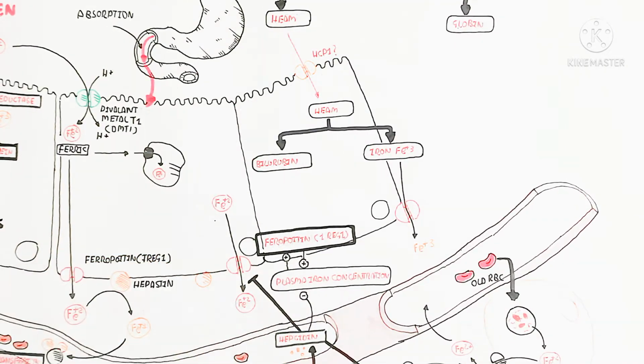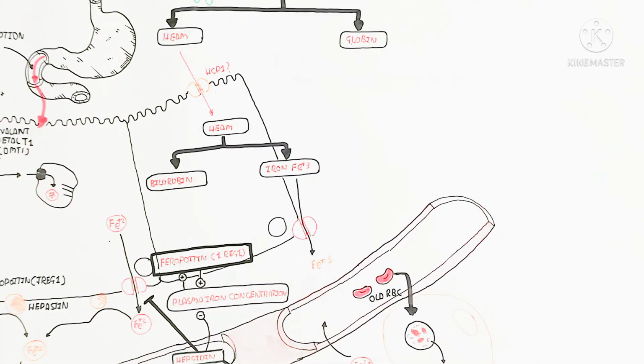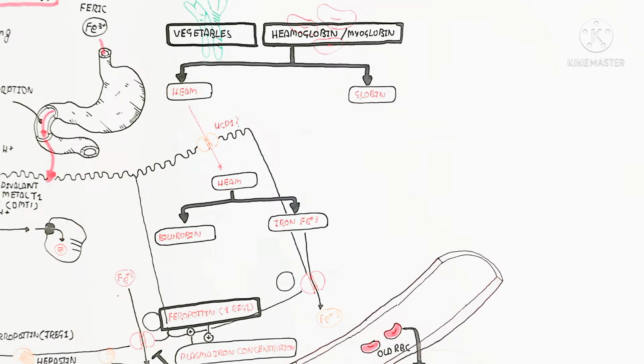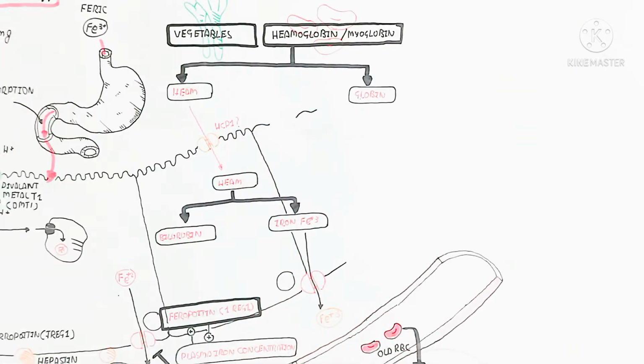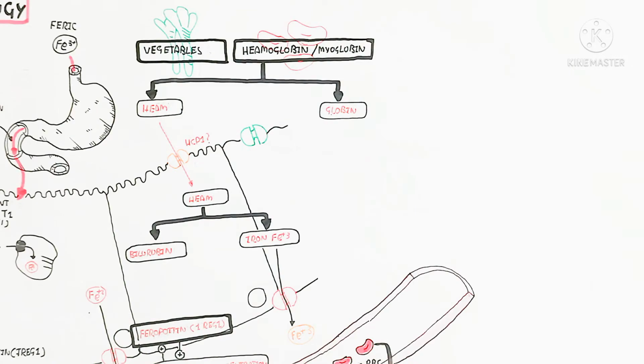So that moves inside, and the bilirubin and iron ferrous will be absorbed again if required. If not required, hepcidin is inhibited by this channel. It means the ferroportin will be inhibited by the hepcidin. So that is the major mechanism.